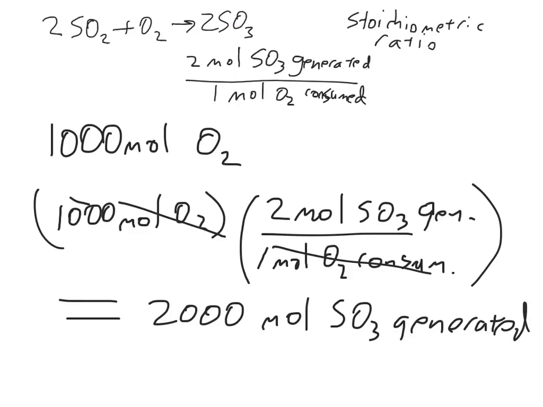Let me just say one thing here: I'm putting moles here, but we could also use pound moles. For instance, I could write 2 pound moles of SO3 generated per 1 pound mole of O2 consumed. It could be other units, kilomoles. So for instance, 2 kilomoles of SO3 generated over 1 kilomole of O2 consumed.